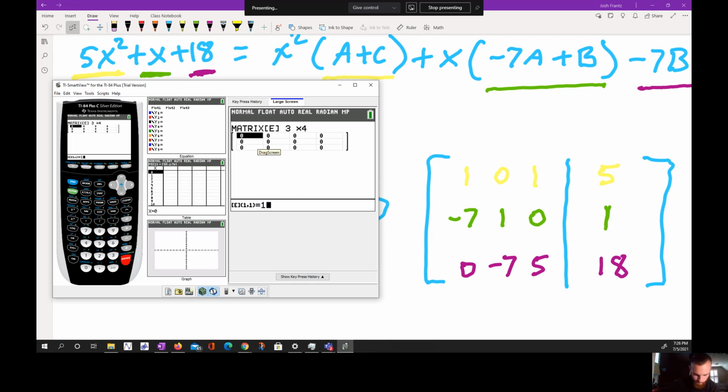So we have 1, we have a 0, we have a 1, and we have a 5. Here we have a negative 7, a 1, a 0, a 1, and last row we have a 0, and a negative 7, a 5, and 18.